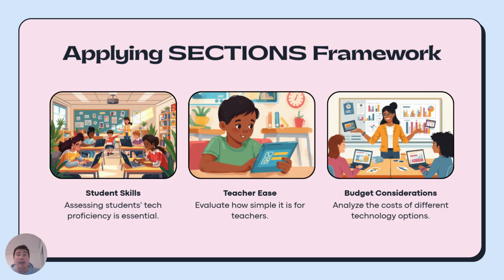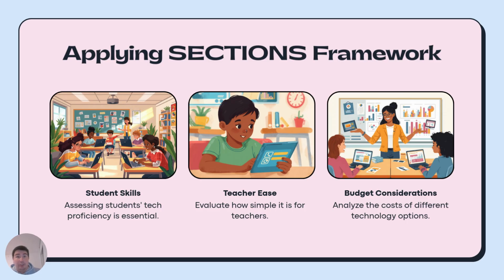And then after that, you need to consider how simple the technology is for teachers to implement. Teacher ease is also pretty important. If a tool is really complex, it can detract from its educational value, making a teacher less interested in using it. And then lastly, analyzing the costs associated with different technology options.